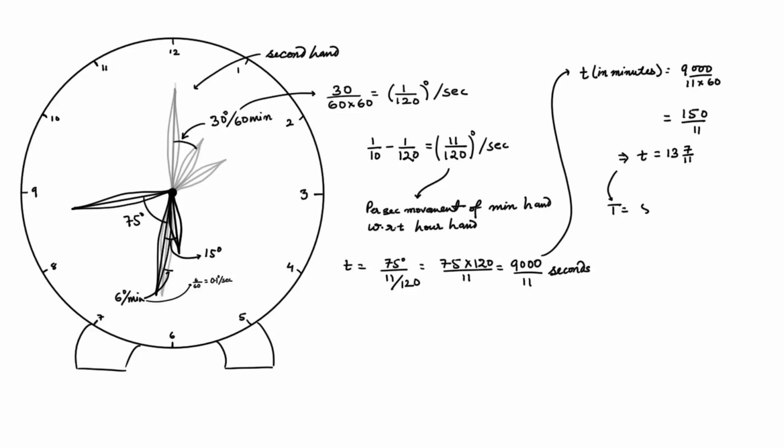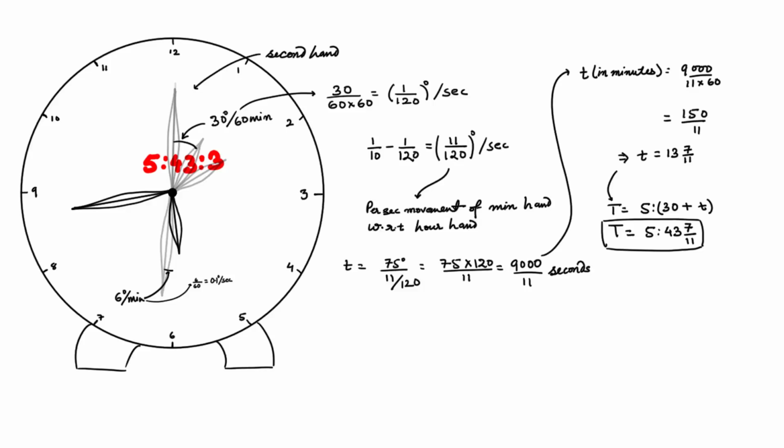Now if we add this to 30, we will get 43 and 7/11. So it's 5:43 and 7/11 minutes at which the clock is going to show us the 90-degree angle between the hour hand and the minute hand.